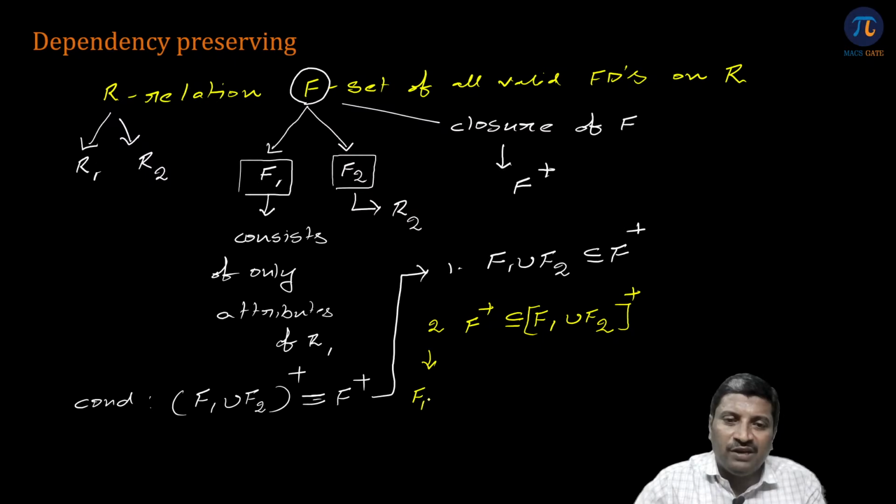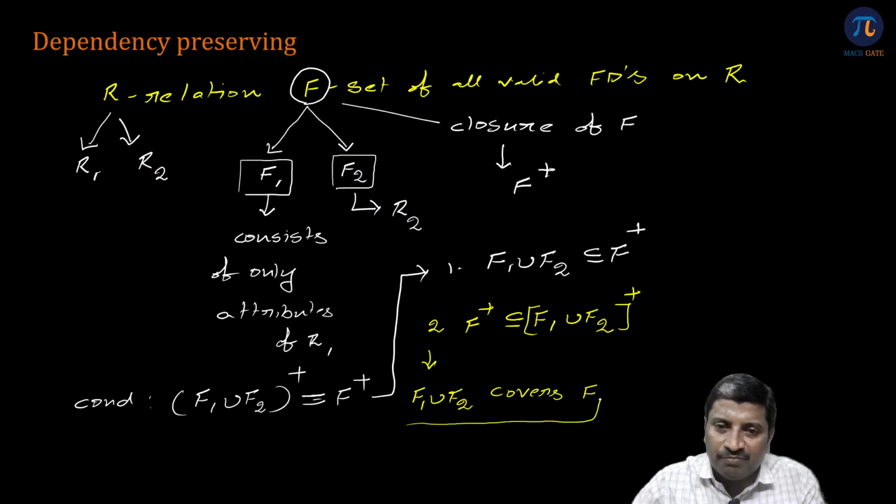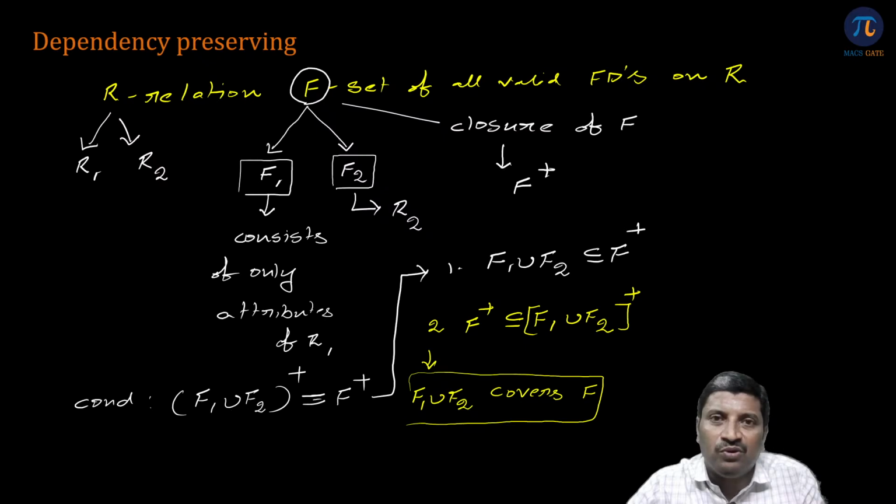We need to verify whether F1 union F2 covers the given F. So this is the condition we need to verify. Basically the condition is (F1 union F2) closure equal to F closure. For that, it is enough to verify only whether F1 union F2 covers F or not, right? So this is the dependency preserving property.